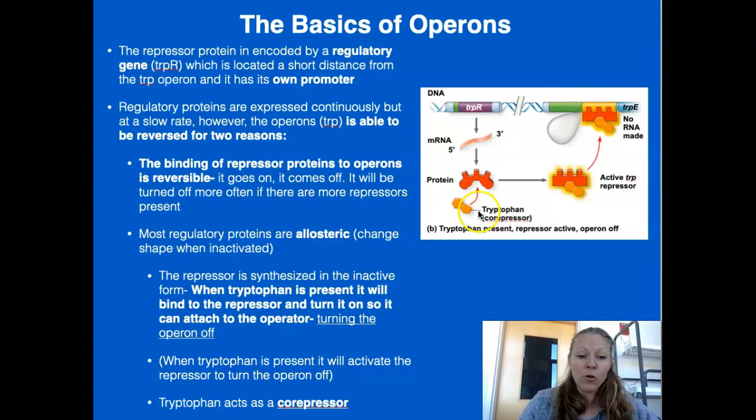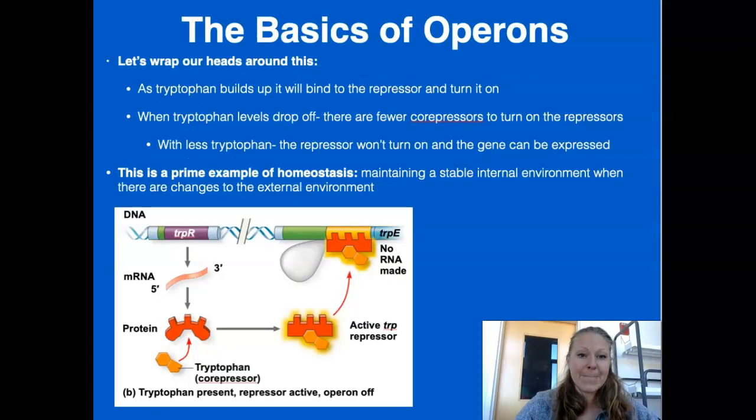Like we said before, the tryptophan acts as a co-repressor. So here's our repressor protein and our co-repressor. One more time through: as tryptophan builds up, it will bind to the repressor and turn on the repressor, but turn off the gene, or turn off the operon.